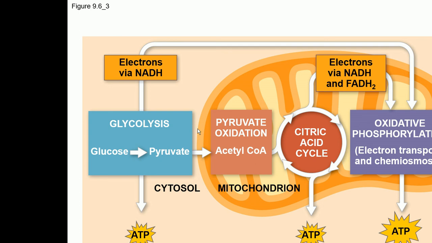And then this acetyl coenzyme A enters into the citric acid cycle, and in this citric acid cycle also there are two kinds of electron carriers involved, NAD plus and FAD. And NAD plus and FAD are reduced, because when they carry the electrons, which means when they take the electrons, they get reduced and they get converted into NADH and FADH2.